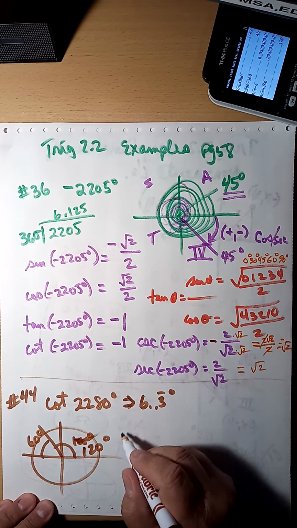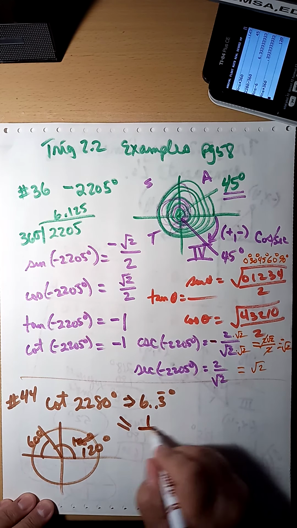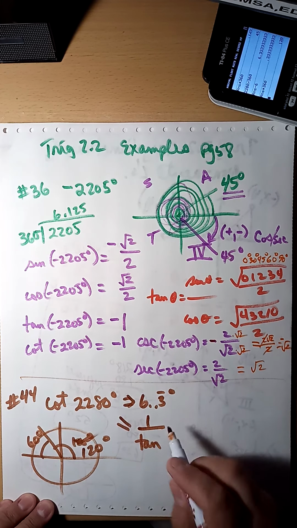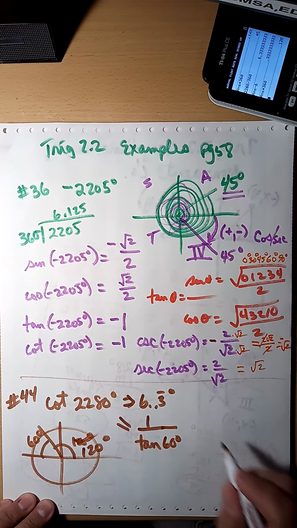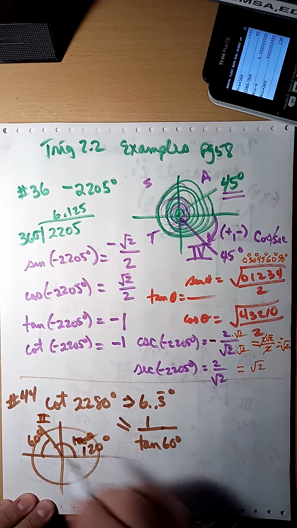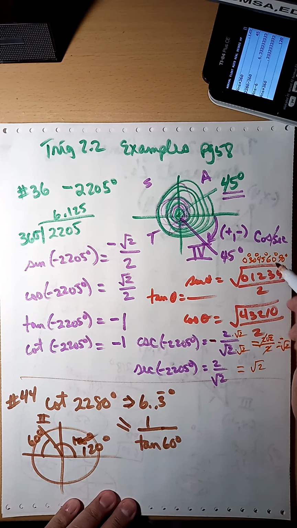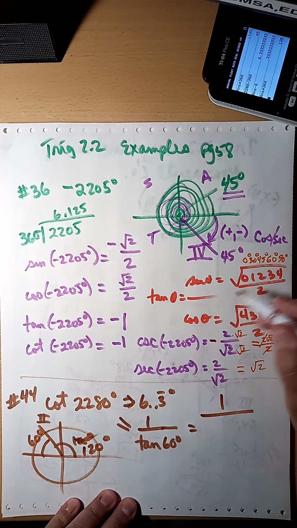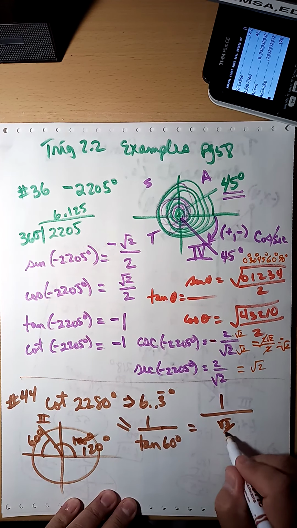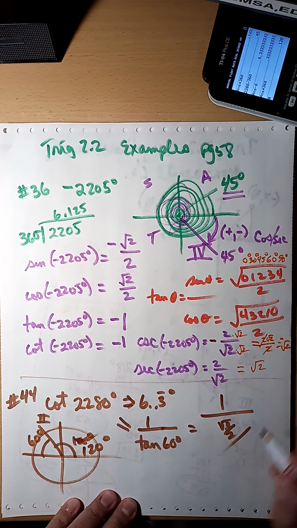Now this cotangent is really equal to 1 over the tangent, the reciprocal, of this 60 degrees in the second quadrant. And the tangent of 60, let's see. The tangent is sine of 60, square root of 3 over 2, over the cosine of 60, which is 1/2.